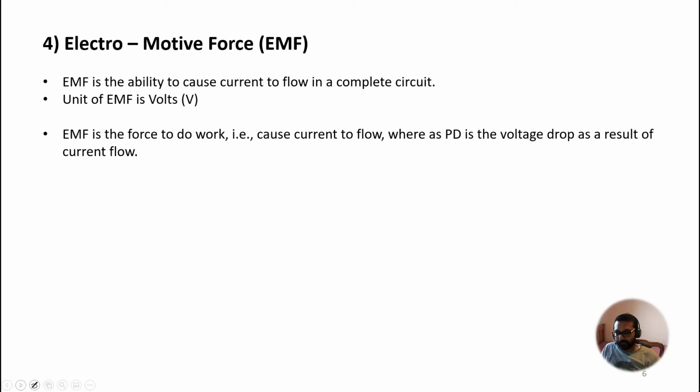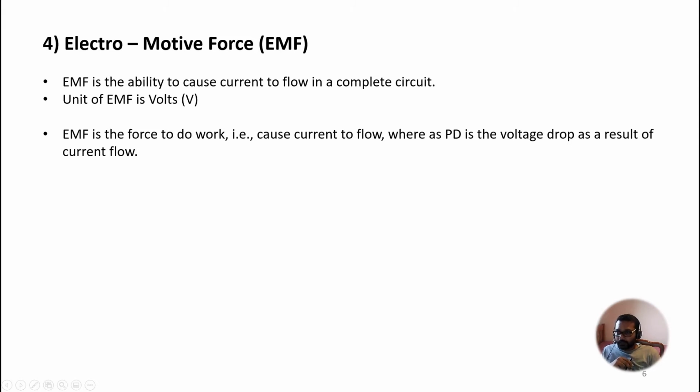You have some free electrons in, let's say, a metal piece, but will they start flowing automatically? No. You need some force to make the electrons move. Let's say if we have a table, it's not going to move on its own. You need to apply some force to make it move. So that force in an electrical circuit for moving the electrons is called your EMF, or electromotive force, and its unit is volts.